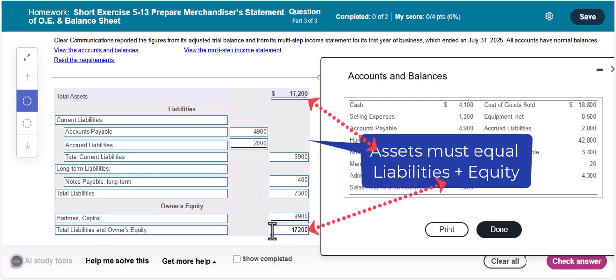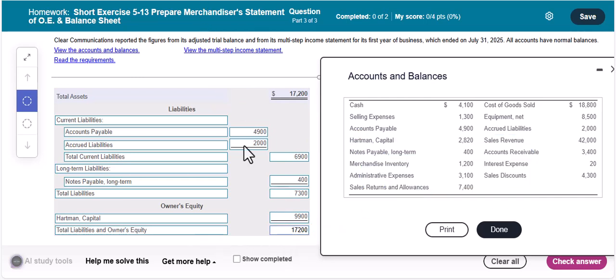So our total assets up here are 17,200, and that is equal to our total liabilities and owner's equity. So yes, our assets equal our liabilities plus ending capital. Let's go ahead and check our answer. Nice work.